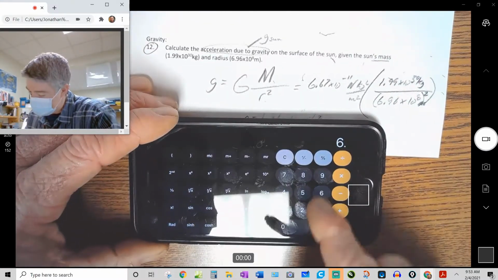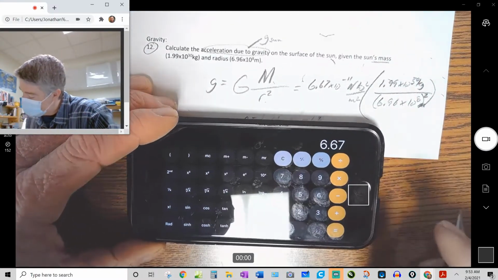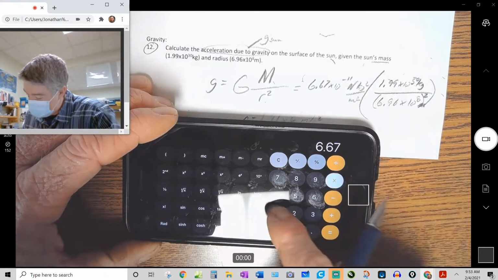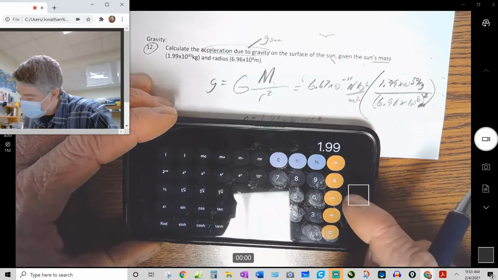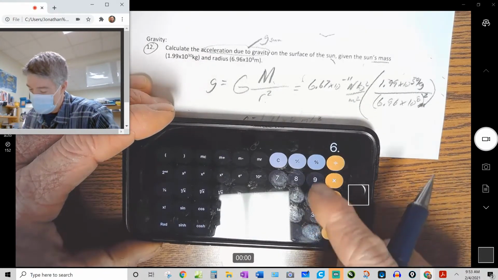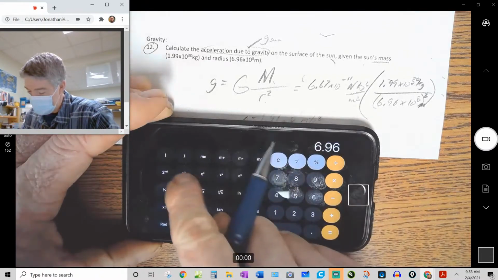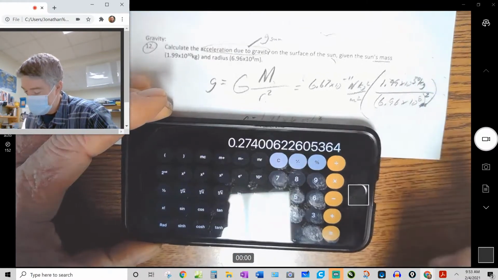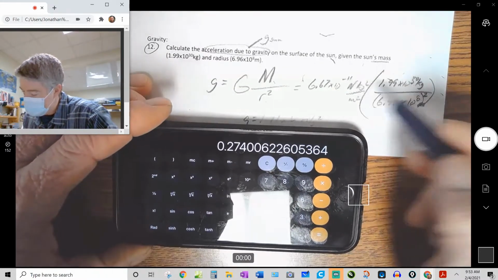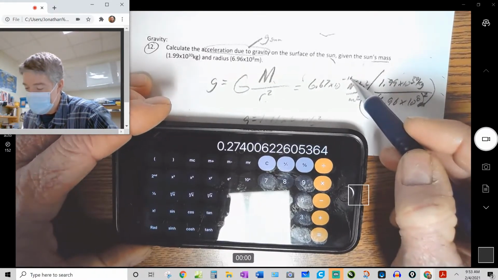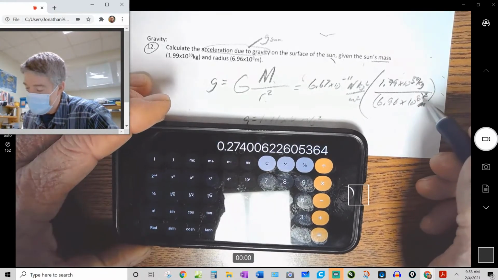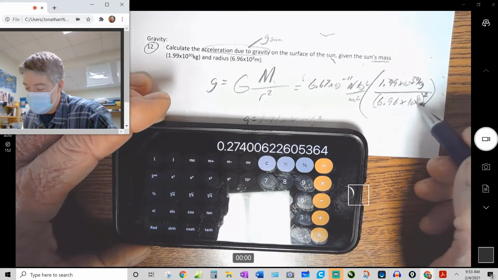So 6.67 times 1.99 divided by 6.96 squared equals. So I've got that. And now I'm going to do 30 minus 11 is 19. And then I'm going to divide that by 10 to the 8th squared, which is 10 to the 16th.